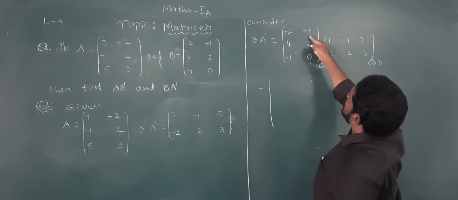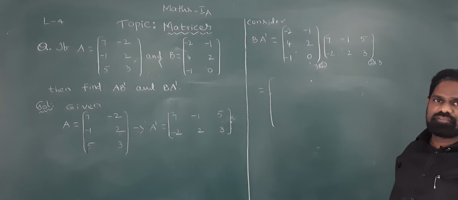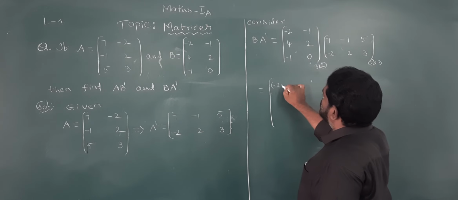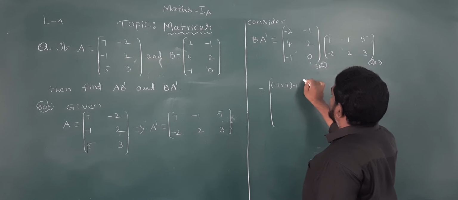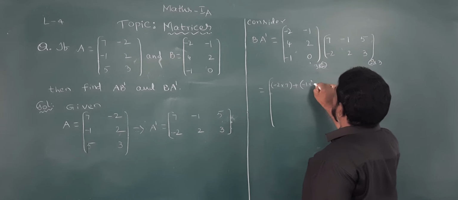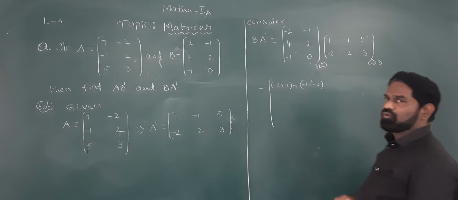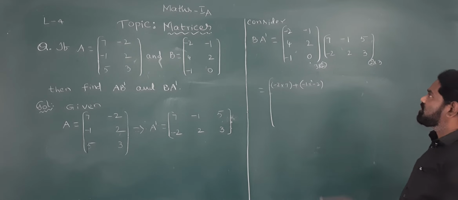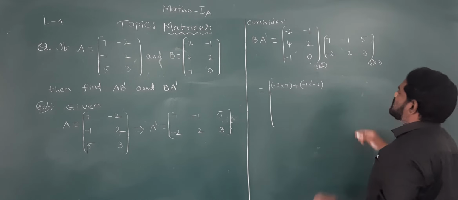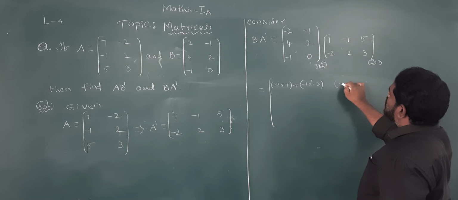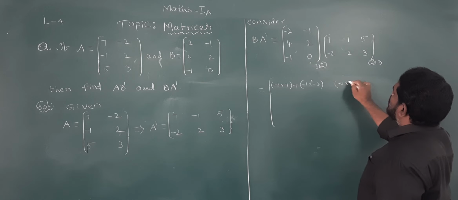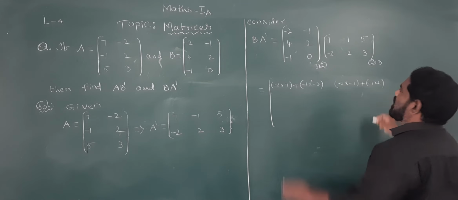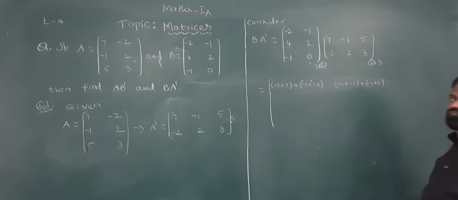Here multiply first row, first column: minus 2 into 7 plus minus 1 into minus 2. Next, first row, second column: minus 2 into minus 1 plus minus 1 into 2.